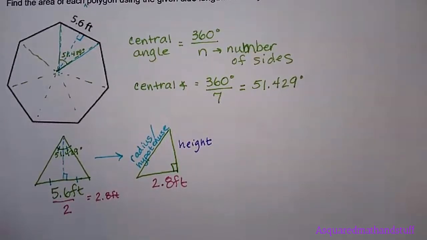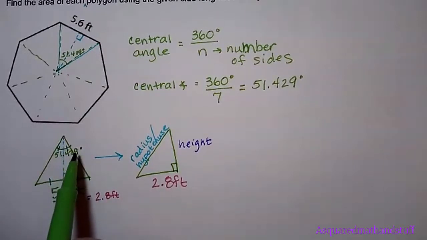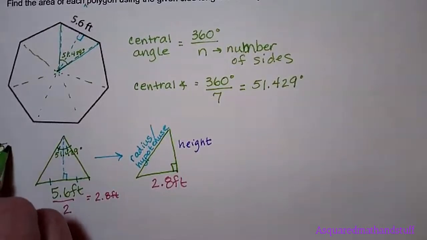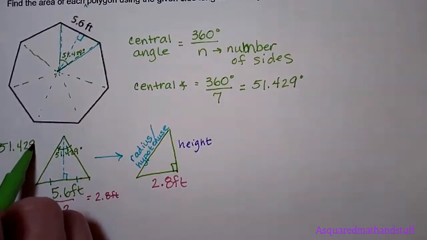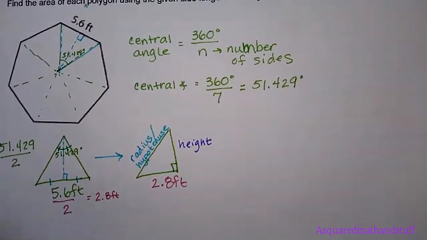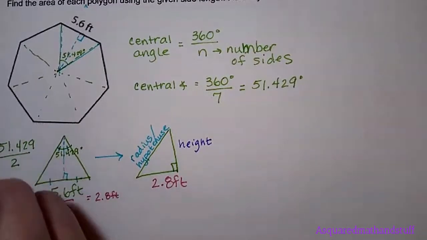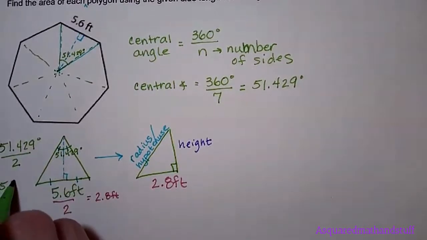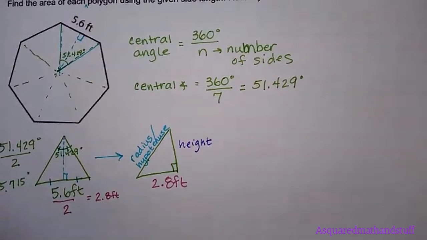And we know that angle, we have the angle of 51.429 degrees. Wonderful number. We're going to make it even more fun to work with, and we're going to divide that in 2. So take 51.429, cut that in half, and we get what? 25.715 degrees.